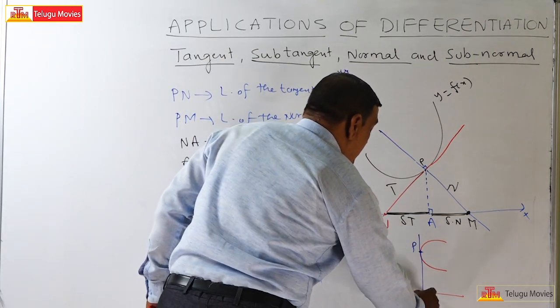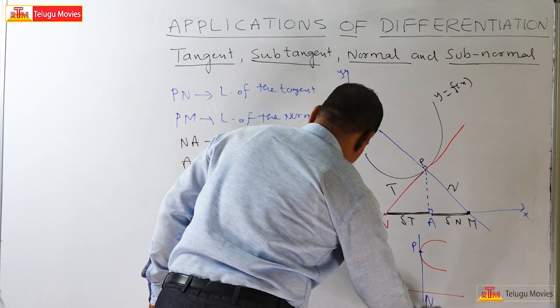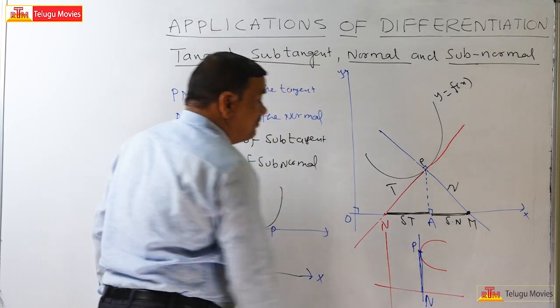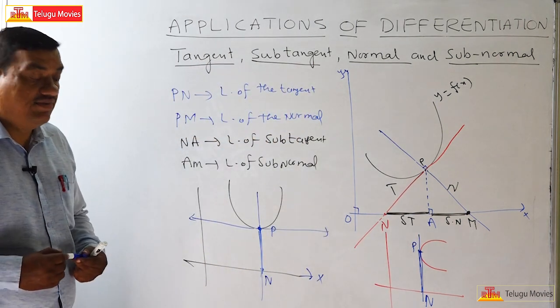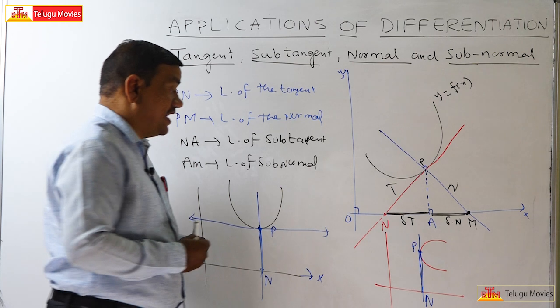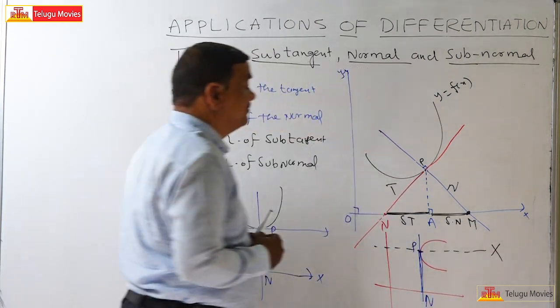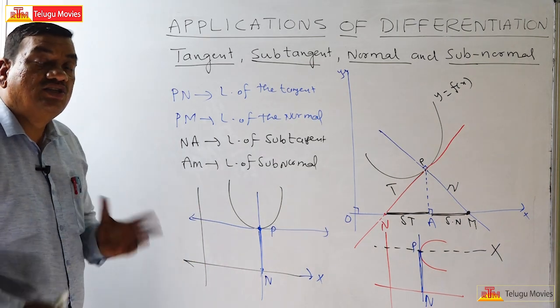Here P, and it meets the x-axis at some N, PN. The length of the tangent is defined, PN. Whereas the length of the normal is not defined.